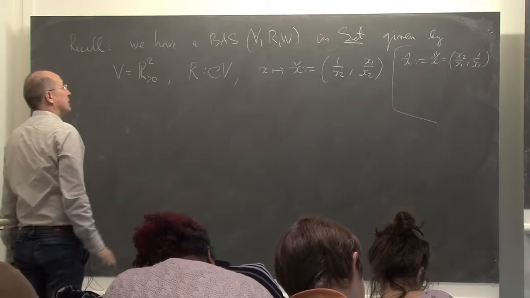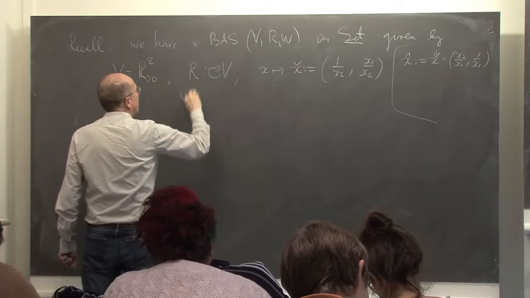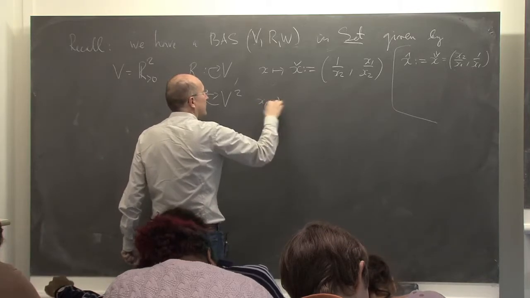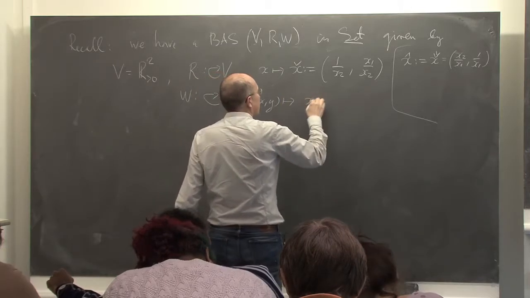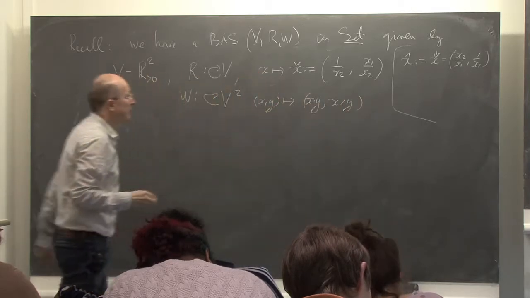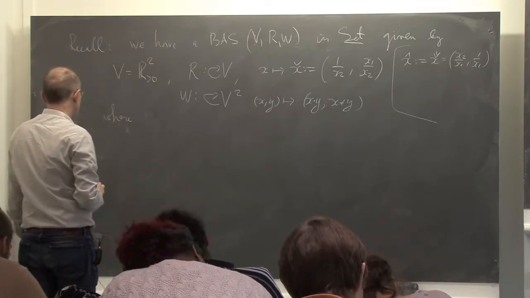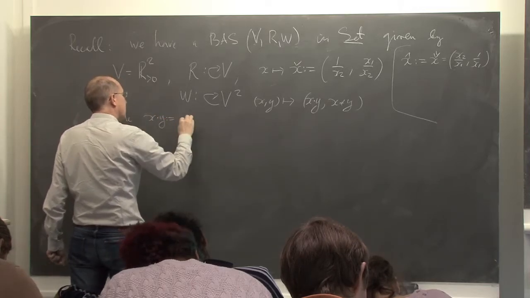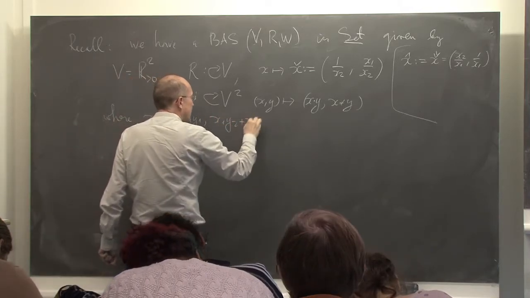Okay, so that's two objects in the triple, and the W is a map from V squared to itself, and a couple of pairs of positive numbers x, y is sent to x dot y, comma x star y, where x dot y is by definition x1 y1, comma x1 y2 plus x2.